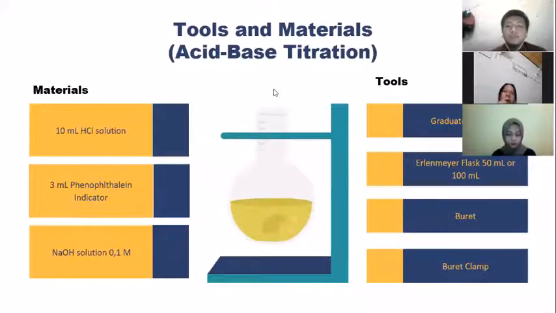And for experiment 5, acid-base titration, we need materials: 10 milliliter hydrogen chloride solution, 3 milliliter phenolphthalein indicator, and sodium hydroxide solution 0.1 molar. For tools, we need a graduated pipette, Erlenmeyer flask 50 or 100 milliliter, burette, and burette clamp.